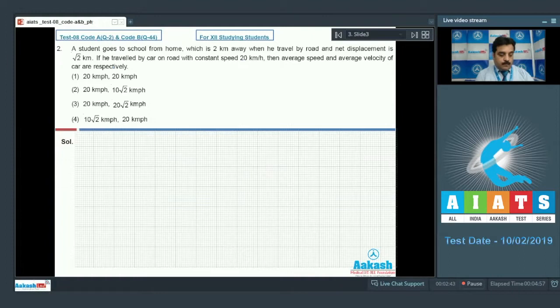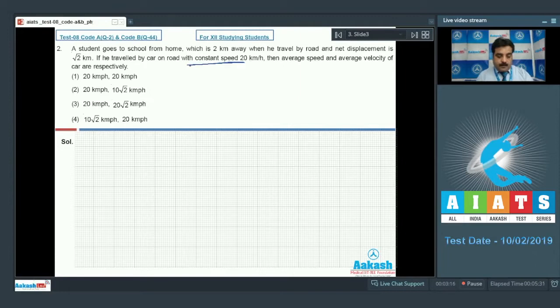In question number 2, a student goes to school from home, which is 2 km away. Then he travels by road and net displacement is root 2 km. If he traveled by car on road with constant speed 20 km per hour, then the average speed and average velocity of the car are respectively.